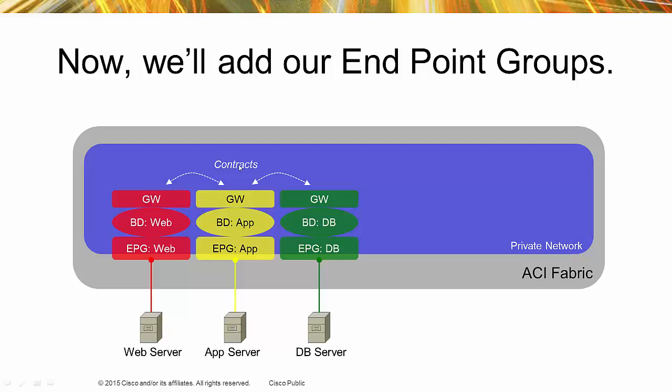And within that contract, you will create something called a filter, because that really allows. This contract just says we are creating a permit ACL, but what are we permitting? That is dictated by your filters. Same thing, we created another contract between the app and the DB, and there will be some filters over here.